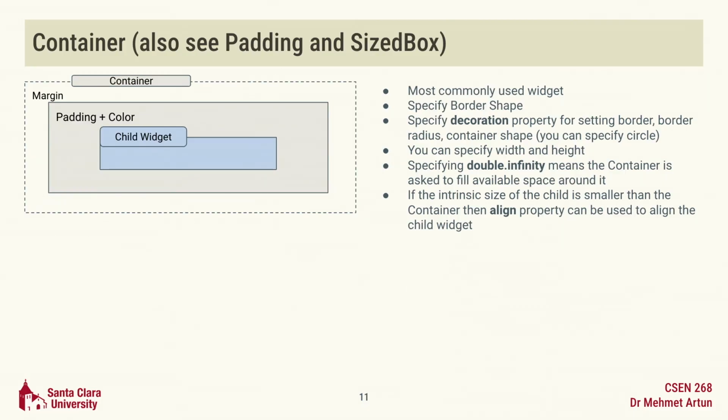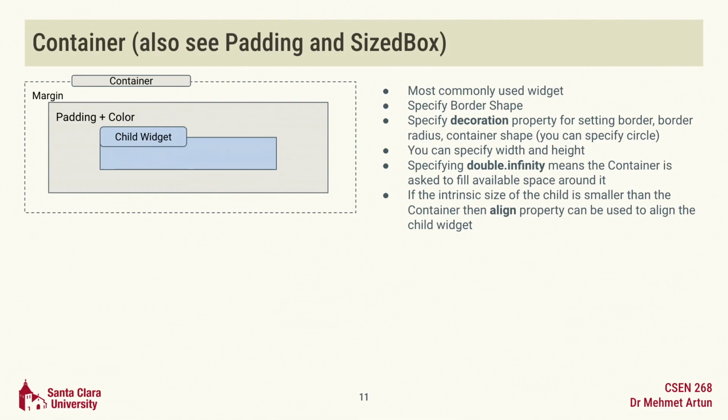The other thing you can have within the container is, because we can size the container arbitrarily, we're not just bound by the size of the child object, therefore we can use the align property and put the child object wherever we want inside the container. Okay?